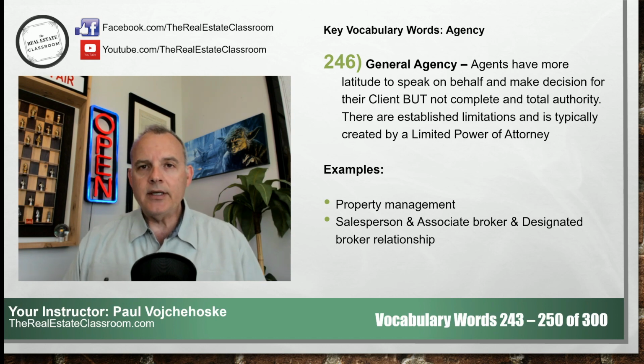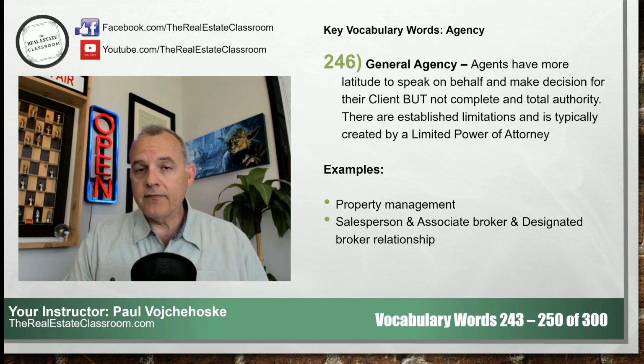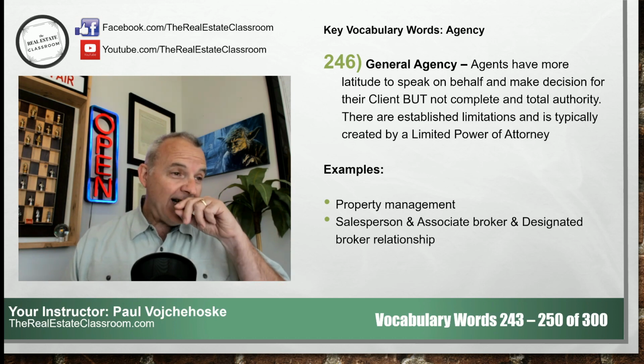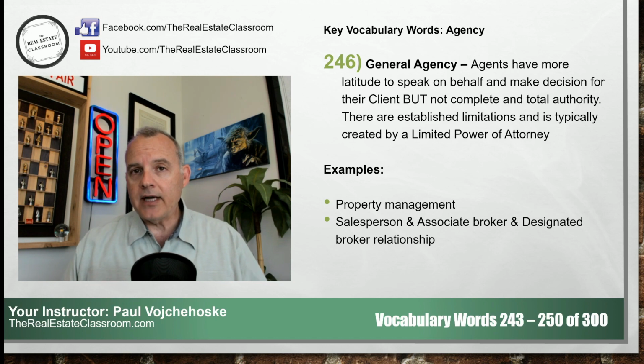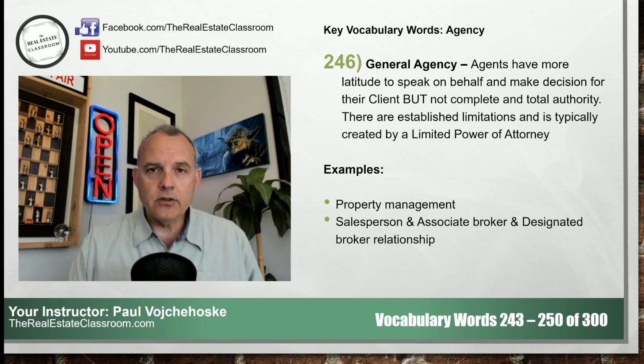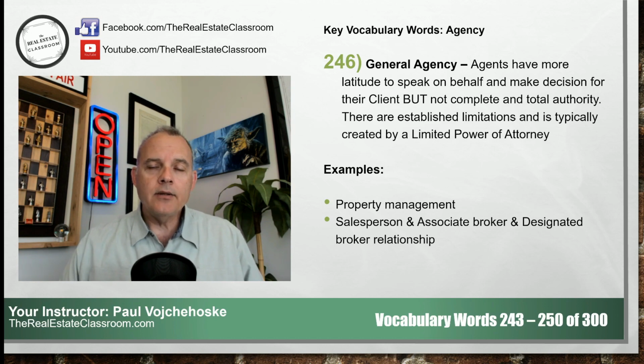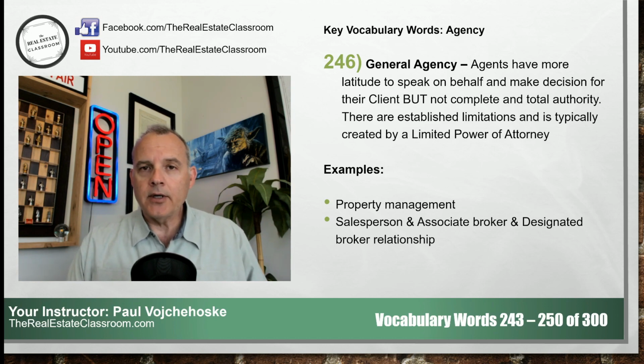All right, so let me give you an example. Under property management, it's very common that the property manager is allowed to spend up to a certain dollar amount for maintenance. So maybe a common dollar amount is $300 or $500. So the property manager receives a call from the tenant who says that the toilet's plugged up, and the property manager is going to send out a plumber.